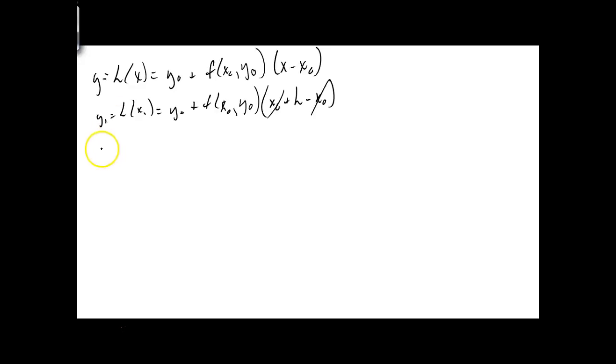So, what is your y1 then? The y1 is your y0, whatever it was before, plus that increment h times f of x1, y1. Now, they changed from x0, y0 to x1, y1, because you've now moved up to the next point.